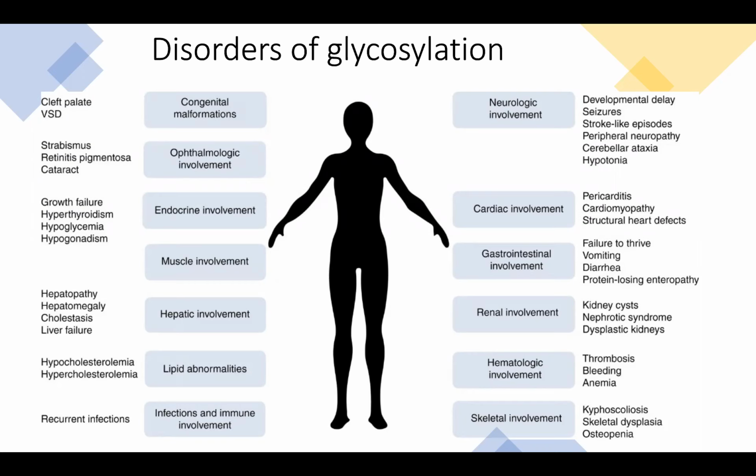So the majority have neurologic manifestations, and these include intellectual disability, cerebellar dysfunction, seizures, stroke-like symptoms, and peripheral neuropathy. Typically also they have hepatic, ophthalmologic, and immune involvement. And the brain MRI may show cerebellar hypoplasia.